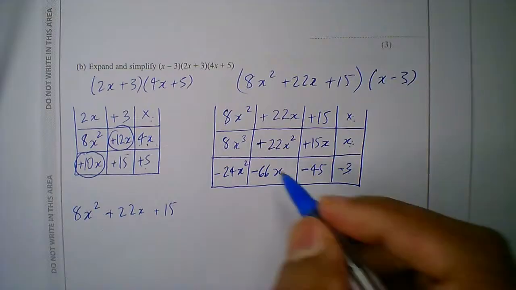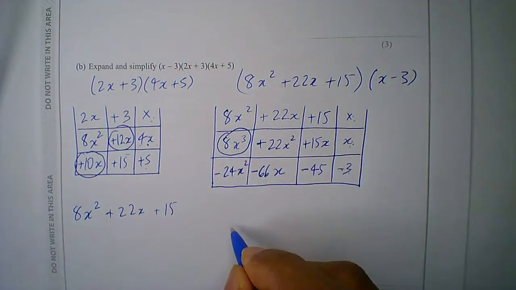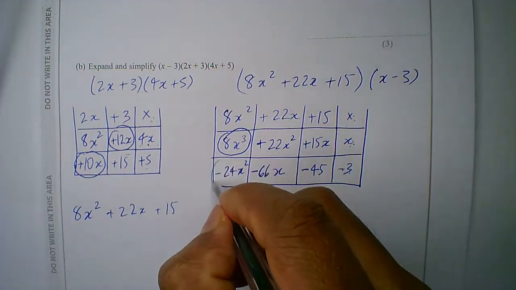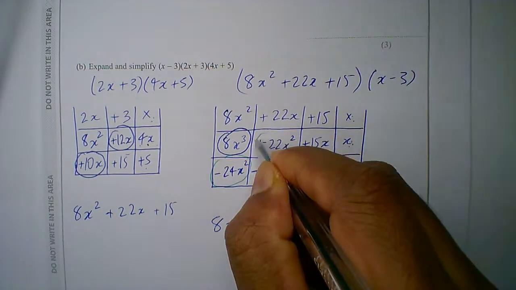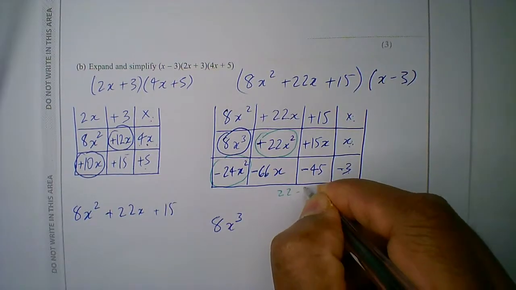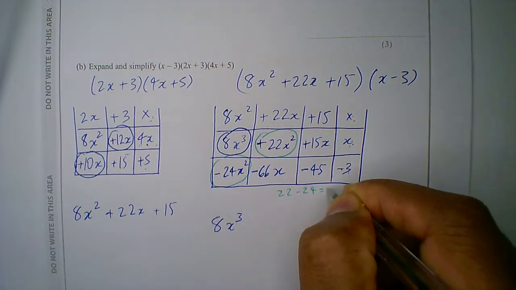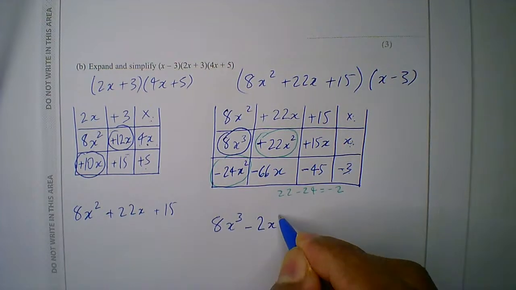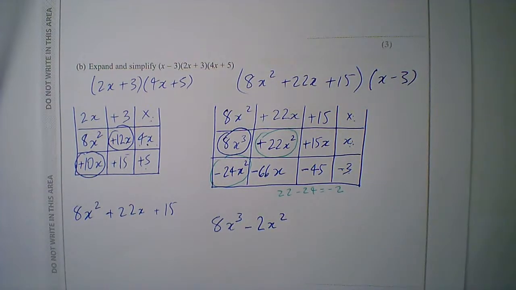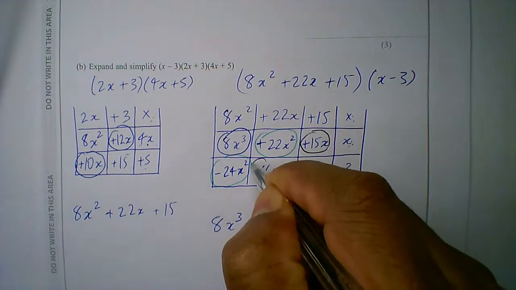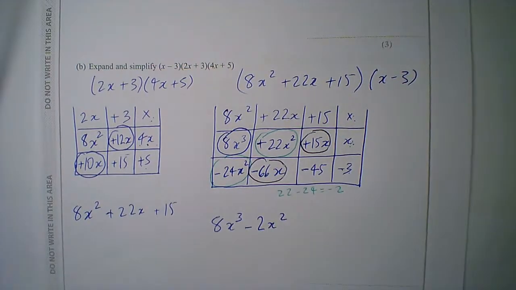And now I look for my like terms. I've got 8x cubed. I've got minus 24x plus 22x. That gives me 22 take away 24 gives me minus 2. So that's minus 2x squared. Then I have got my next one, which is plus 15x take away 66x.